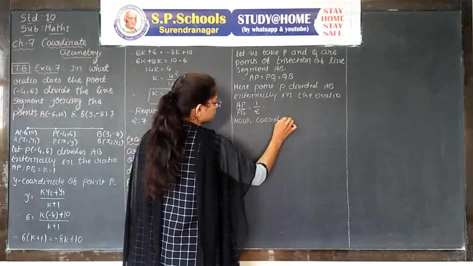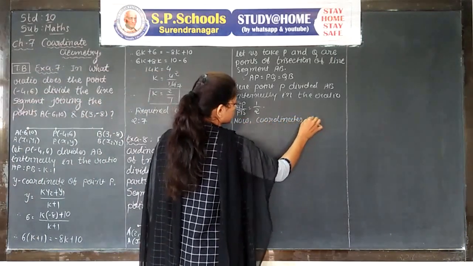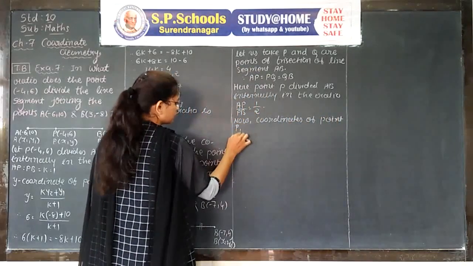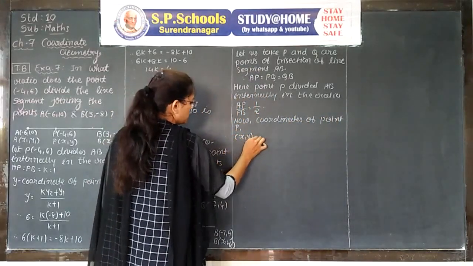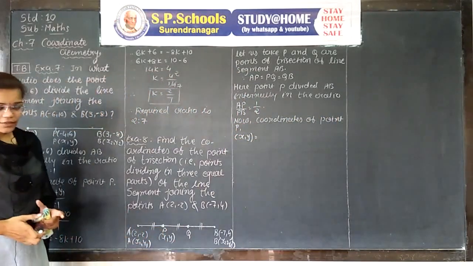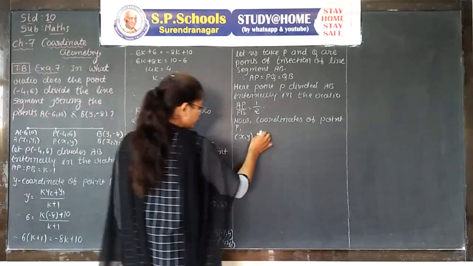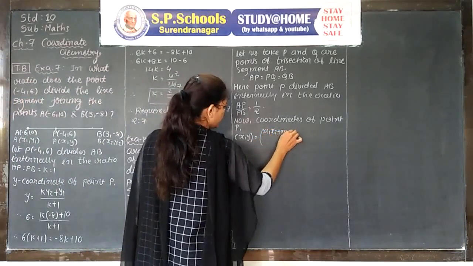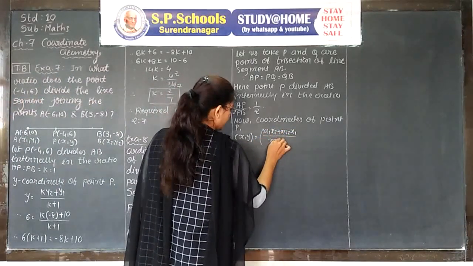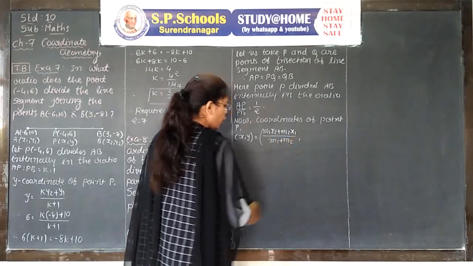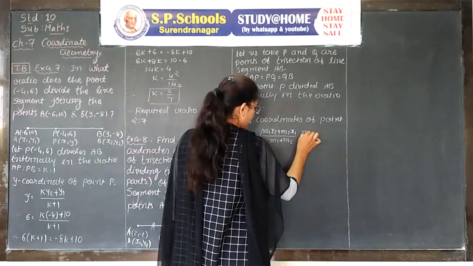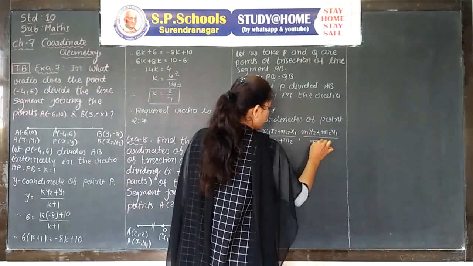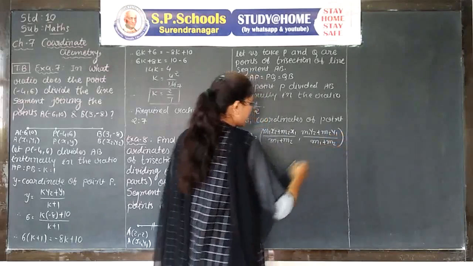Coordinates of point P, (x, y), equals, here we apply the formula in the form of m1 and m2: (m1 x2 plus m2 x1) upon (m1 plus m2), comma, the y coordinate (m1 y2 plus m2 y1) upon (m1 plus m2). The bracket is over.